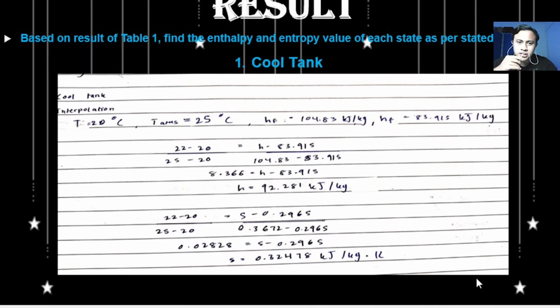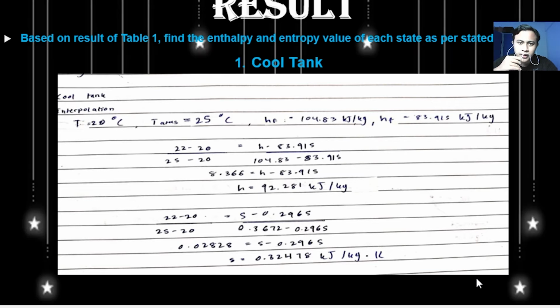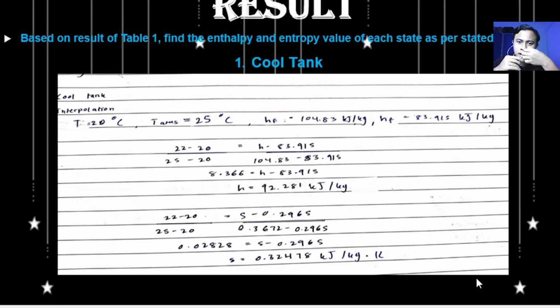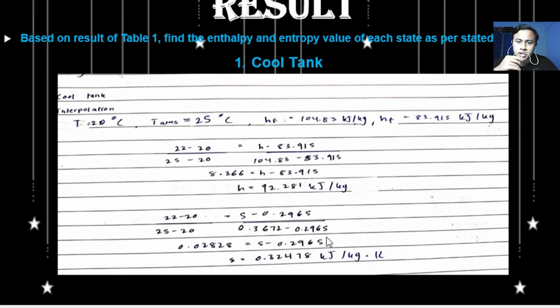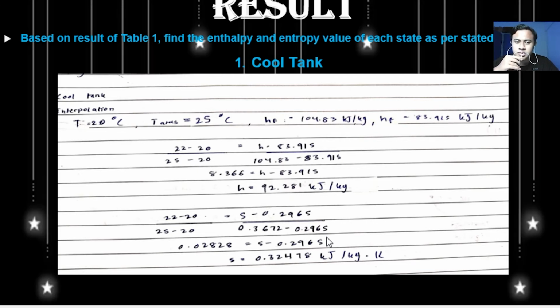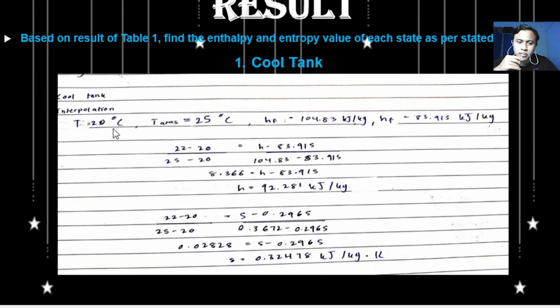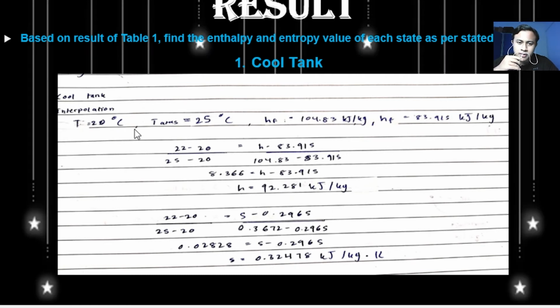So for the cool tank, we need to find the enthalpy and entropy value of each state. We need to find the cool tank entropy and enthalpy, the hot tank also, and the mixing tank also. For the cool tank, we need to do interpolation first.